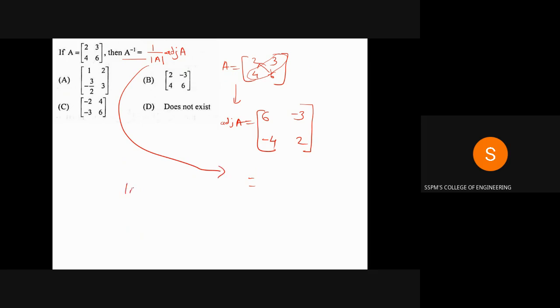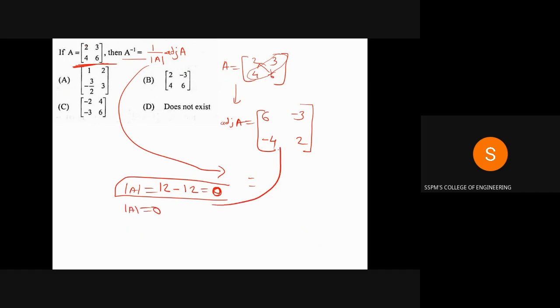Now we have to calculate determinant of A. This is your A, and determinant of A is 6 into 2 it is 12, minus 3 into 4 it is 12. See, this should have been calculated in the very first place. So 12 minus 12 is 0. So determinant of A is 0.